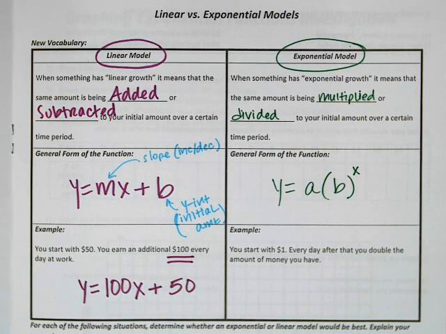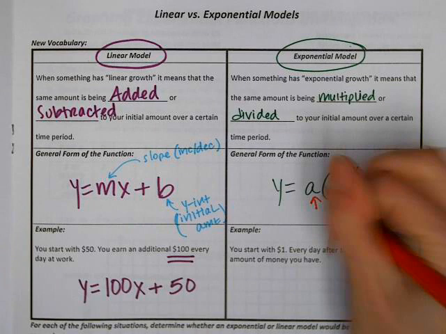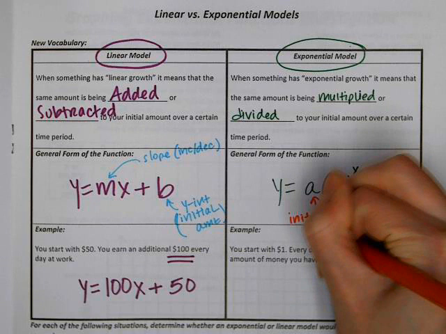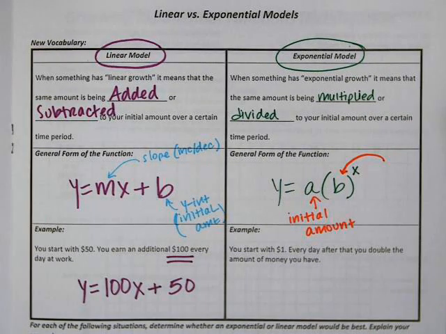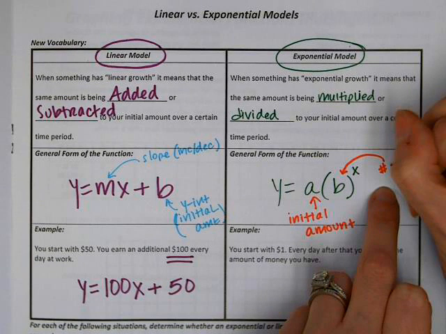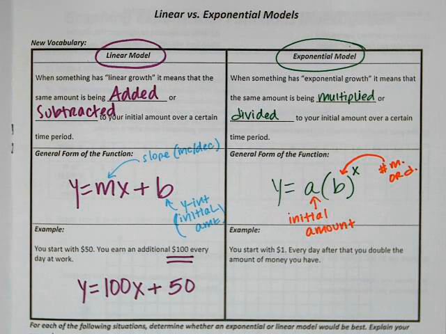That's that exponential part. And then let's go over what those things stand for. The a is the initial amount, and the b is the number that's being multiplied or divided.